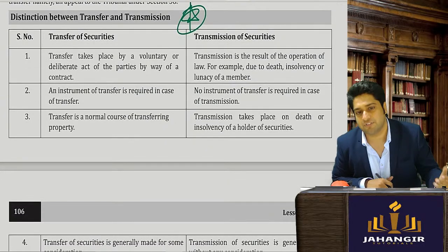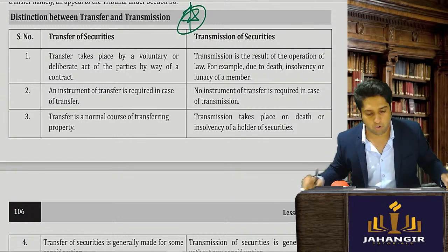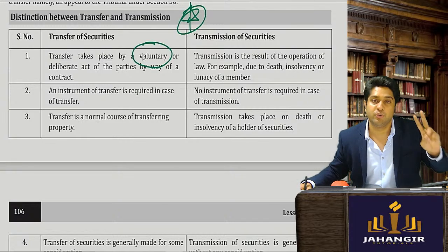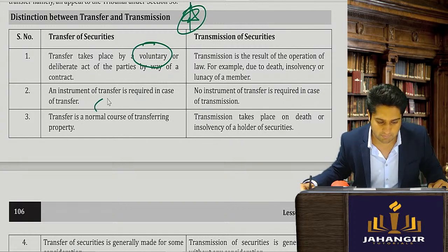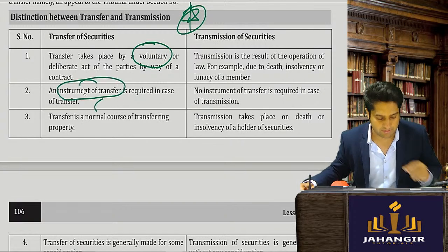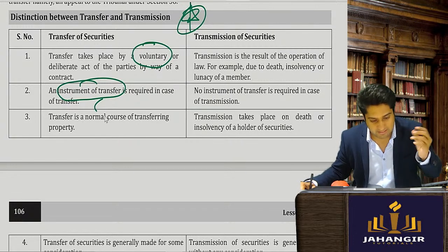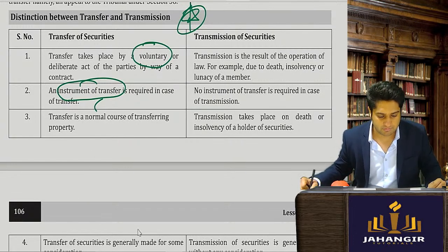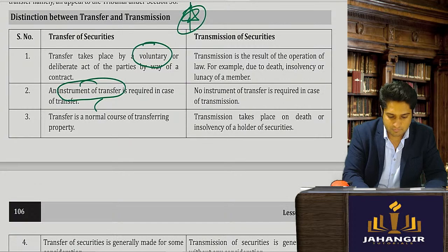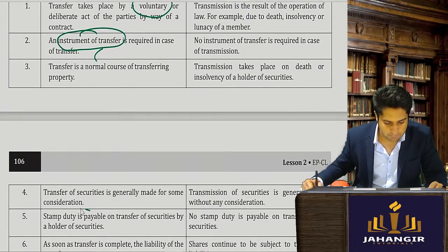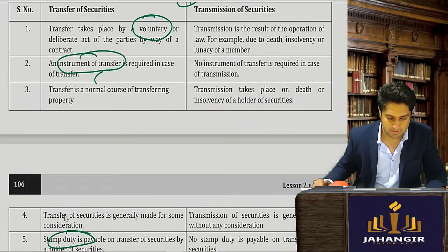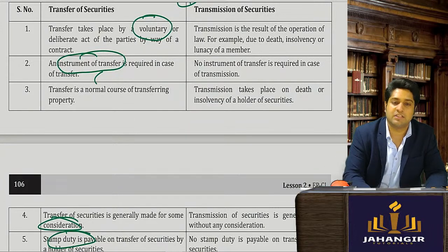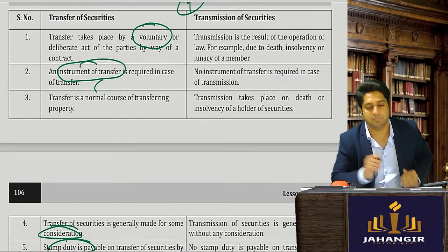When I transfer shares, it is a voluntary act, during the life of the person. On transfer, stamp duty is required to be paid. An instrument of transfer, that is a transfer deed, is there, stamp duty is to be paid, and consideration will also be there.